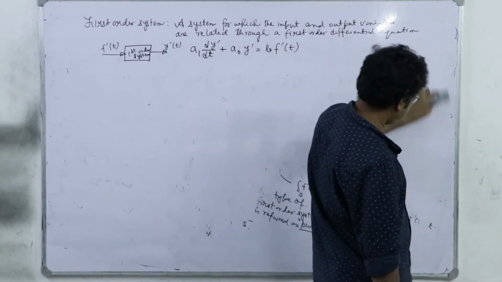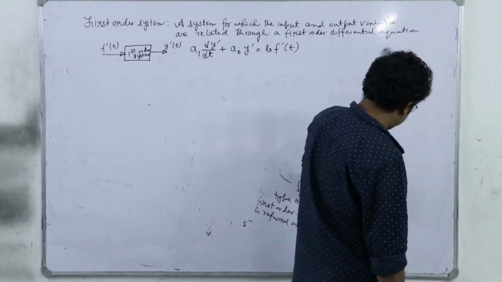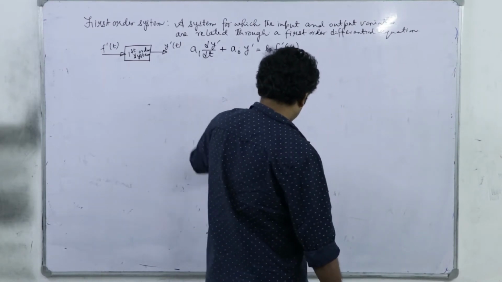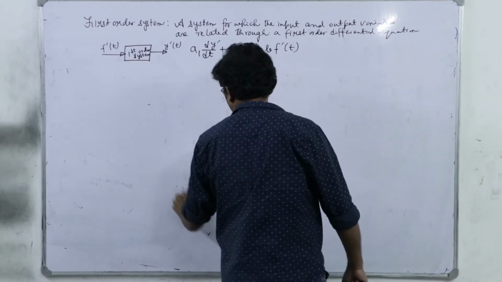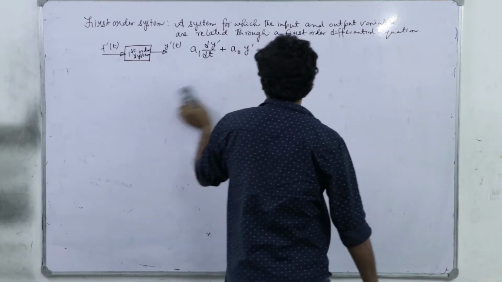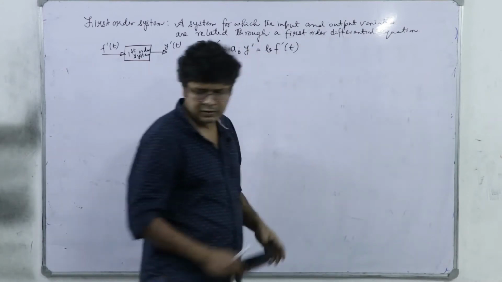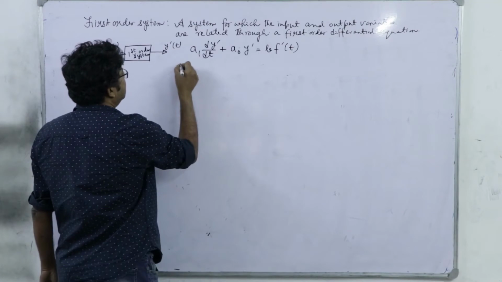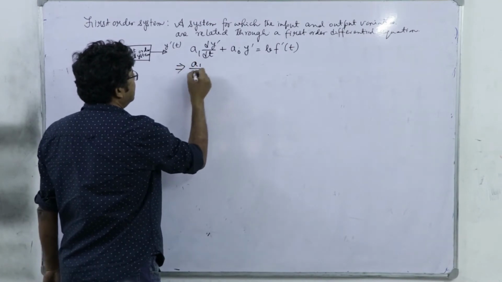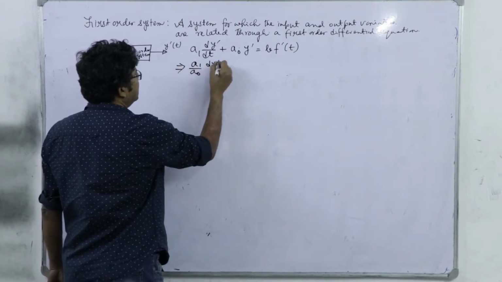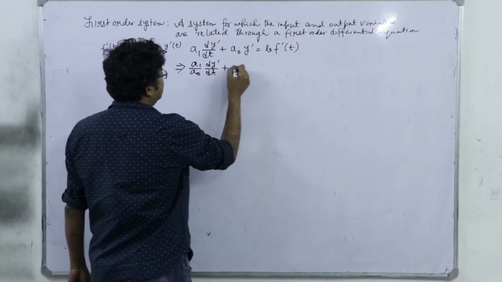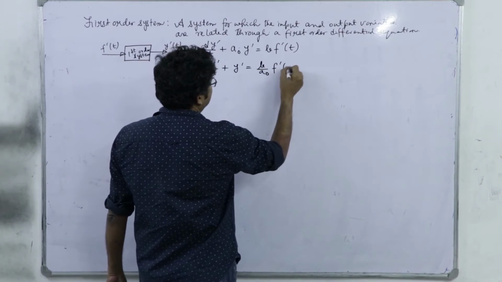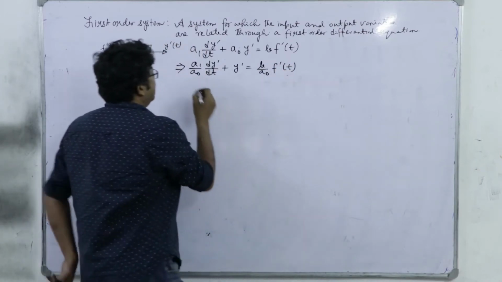So if I divide the equation entirely by A naught, I will get a constant associated with dy prime dt as A1 by A naught and another one which is B by A naught. So it is like A1 by A naught dy prime dt plus y prime equal to B by A naught f prime t. Right.